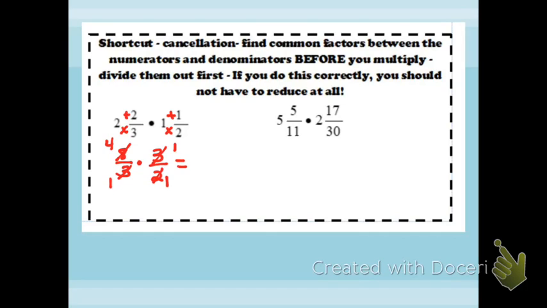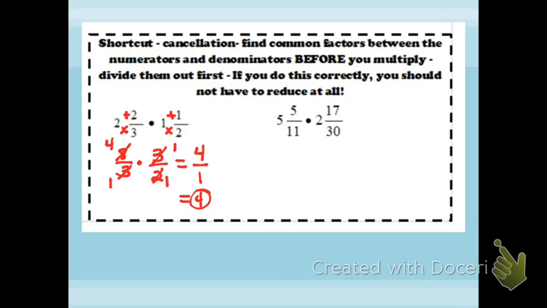So we have 4 times 1 is 4, over 1 times 1 is 1. 4 over 1 is 4. Sorry about that. Okay? So do you see we saved all that work? Otherwise we would have had to do 24 here, 6 here, and then we would have had to keep dividing from there.